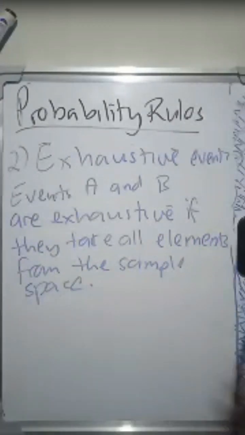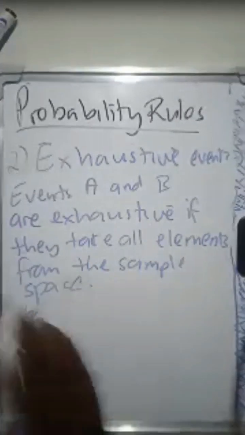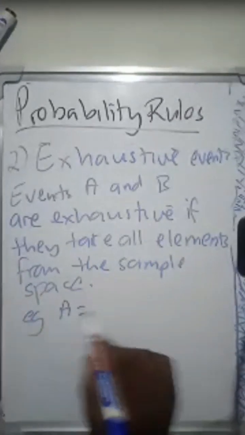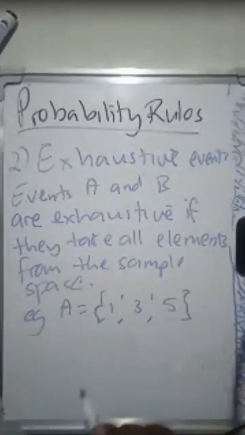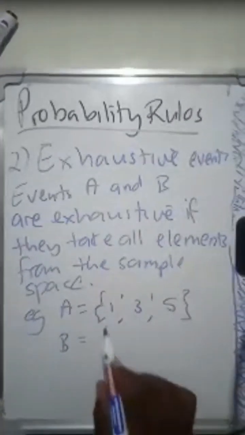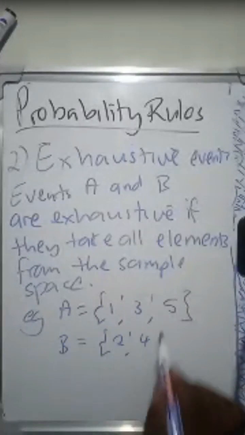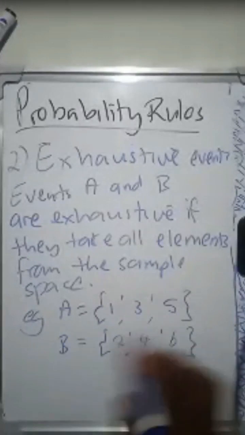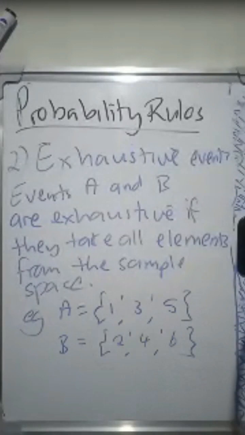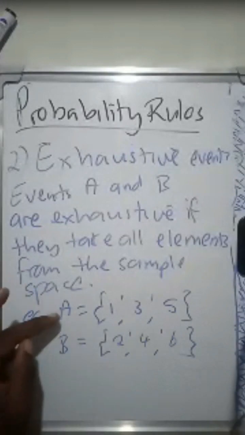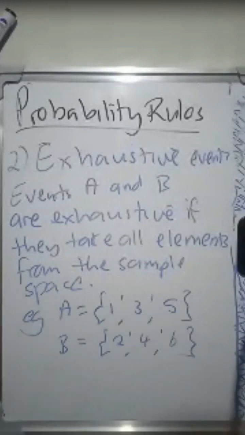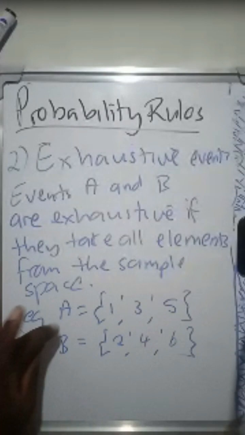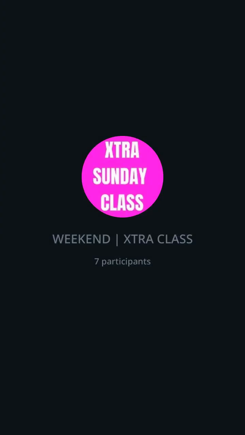For example, let's go back. If A is equal to 1, 3, 5, then B is equal to 2, 4, 6. These are numbers on a die. So you can see that A and B take all the elements from the sample space, because our sample space is 1, 2, 3, 4, 5, 6. So we say A and B are exhaustive.